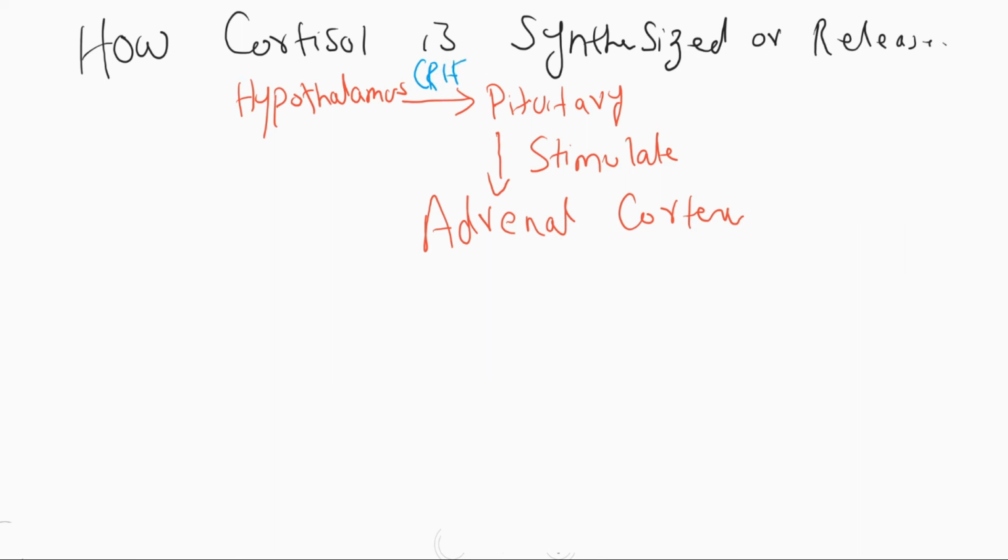Corticotropin releasing hormone acts on the pituitary and stimulates production of adrenocorticotropin hormone. Adrenocorticotropin hormone acts on the adrenal cortex and causes the release of cortisol in the bloodstream.